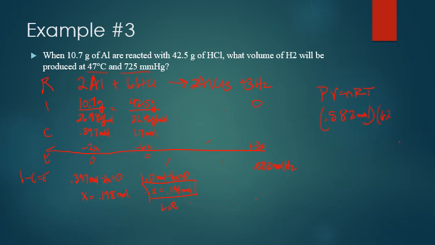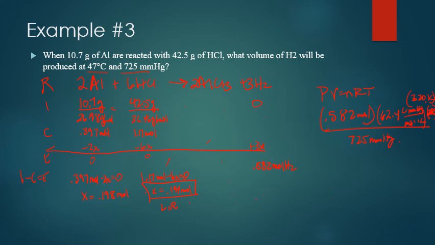I would have the 62.4 liters times millimeters of mercury per mole Kelvin. And I would have a temperature of 320 Kelvin. And I'm going to divide that by 725 millimeters of mercury. So again, let me just cross that out and rewrite it over here. That would be 320 Kelvin. Sorry about that, ran out of space.